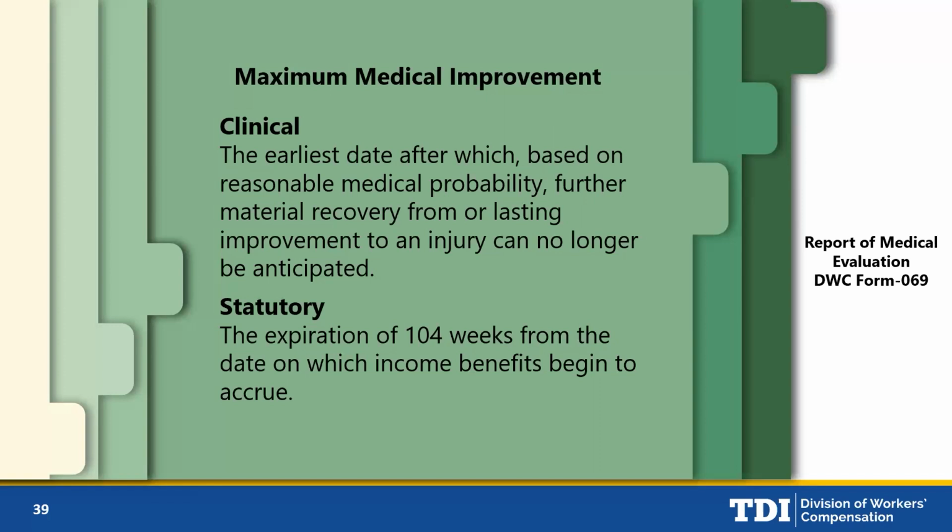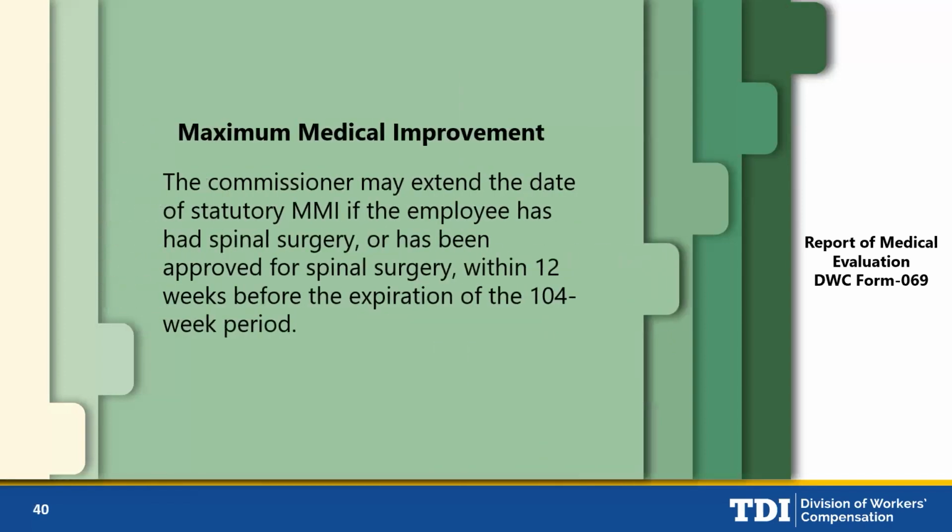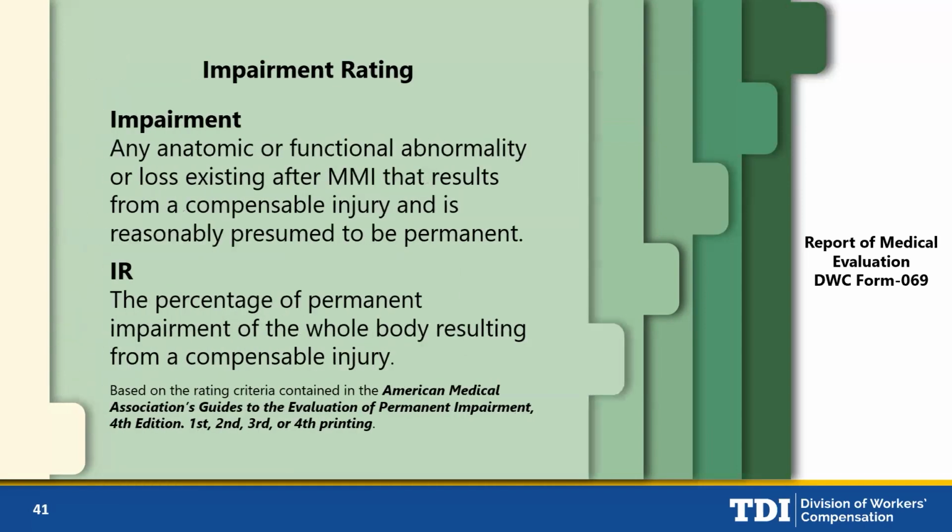So somewhere before that or right at 104 weeks. Now there's one exception. Like I said, there's always exceptions. If the injured employee has a schedule for a spinal surgery within 12 weeks before that 104 weeks, then there could be an extension of the statutory MMI. So MMI is a date.